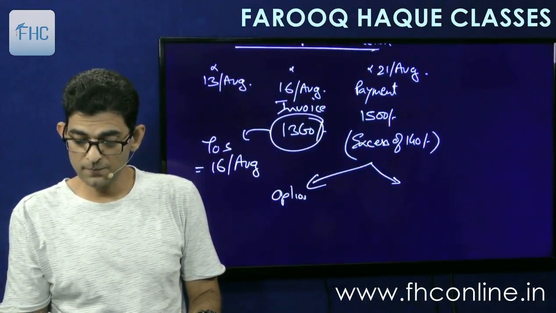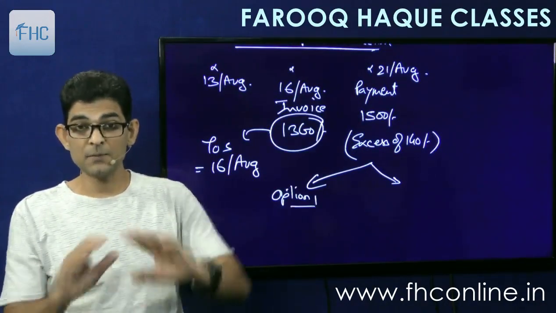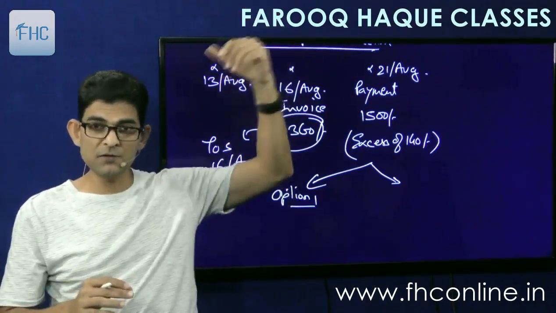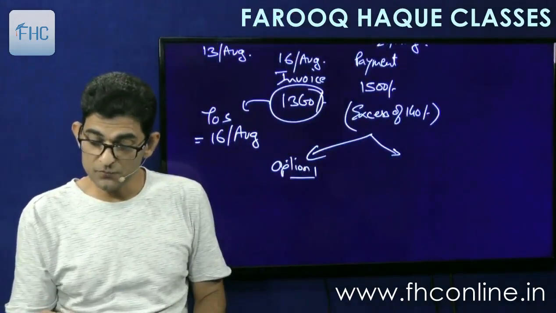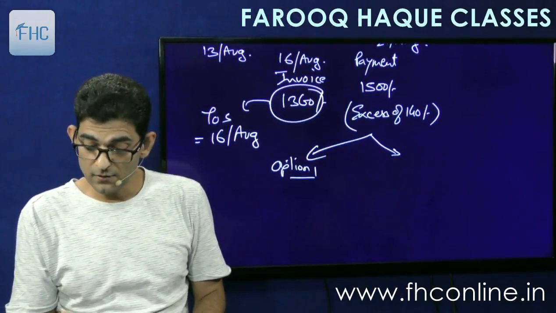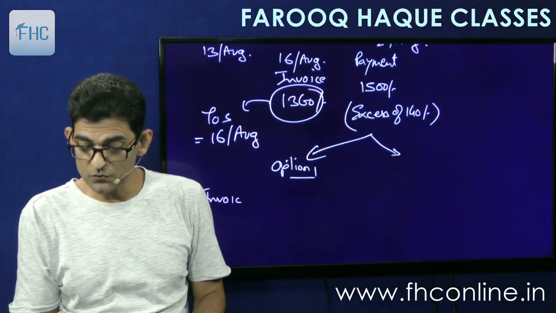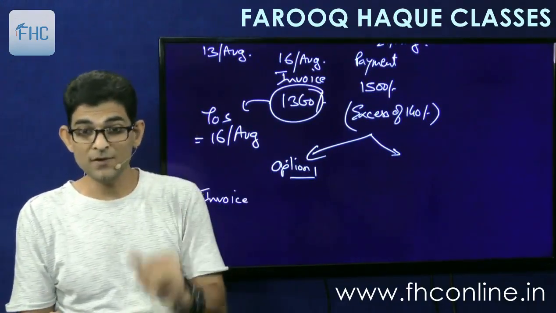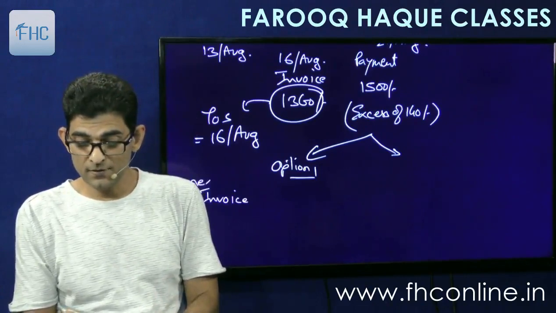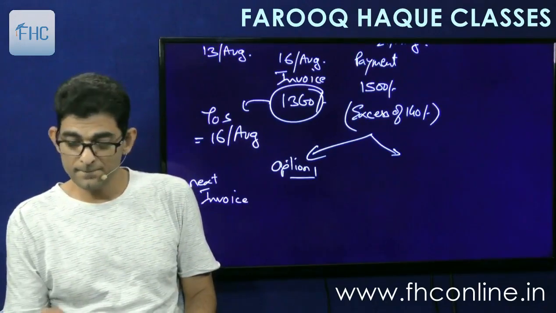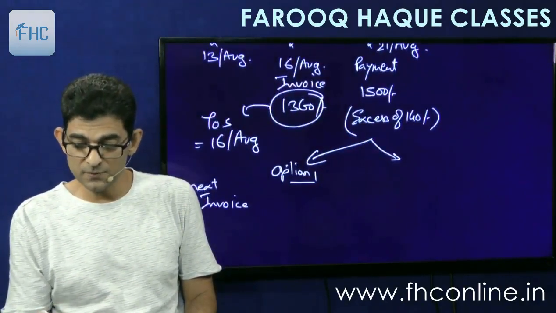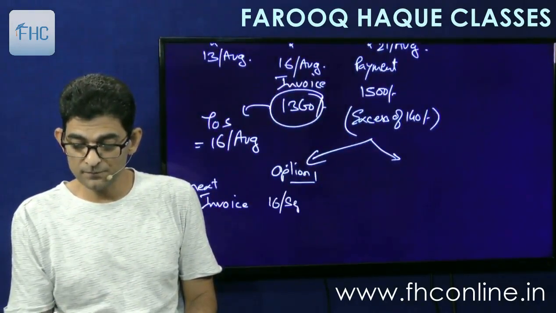Option 1, I am excluding that refund option. If it is refunded, then there is no question of GST. So forget it. Option 1, invoice. Suppose the next invoice, in which adjustment takes place, will be issued exactly the next month, that is 16th of September.